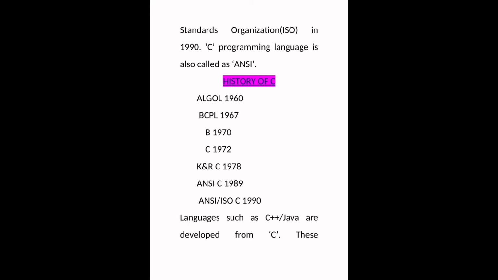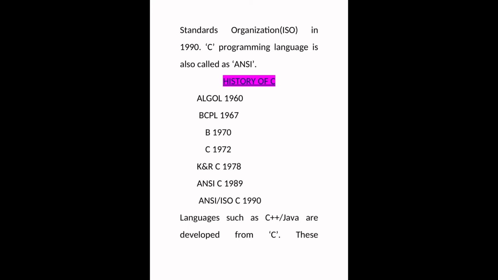History of the C language. The first programming language was ALGOL, developed in 1960. Next, BCPL, Basic Combined Programming Language, was developed in 1967. Next, the B language was developed in 1970.